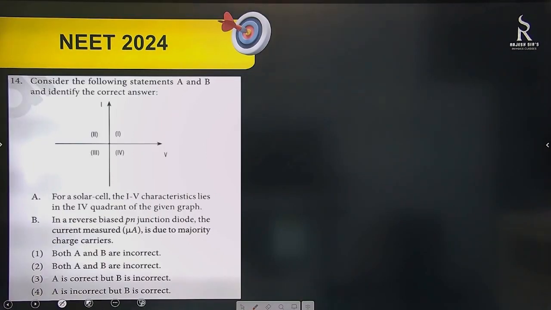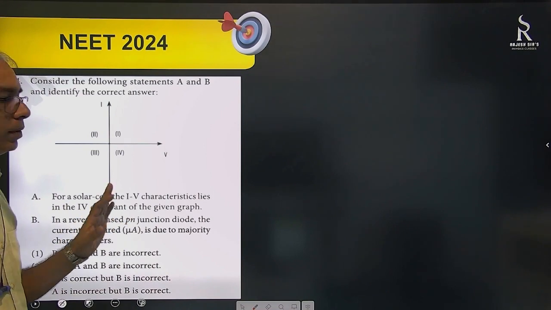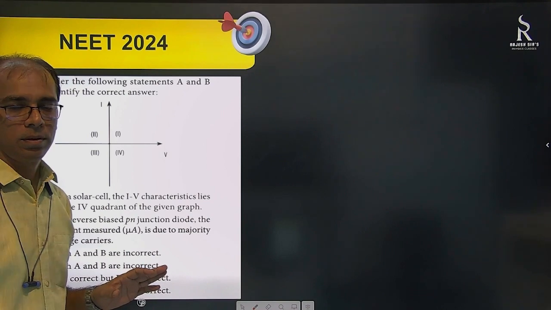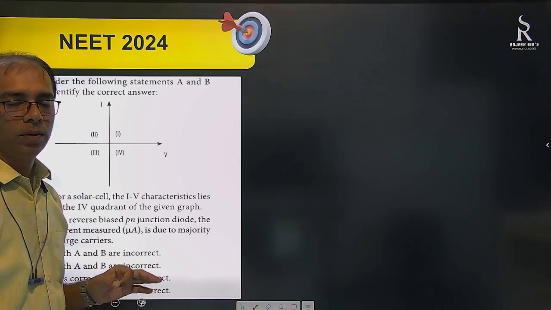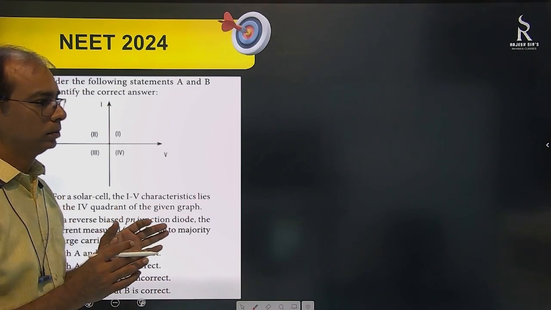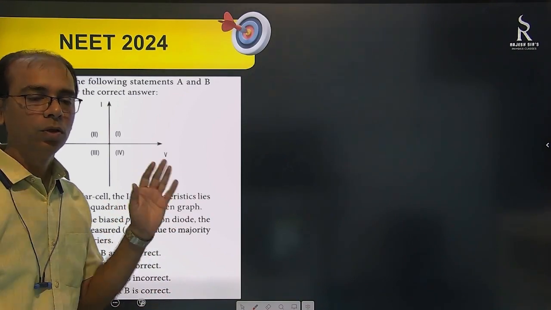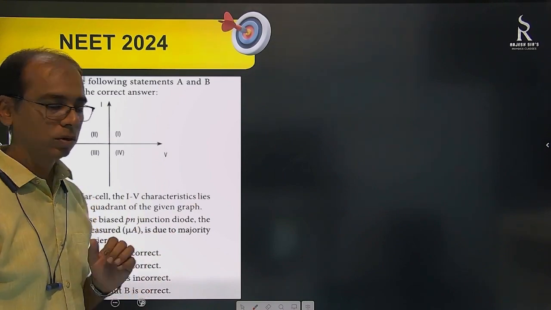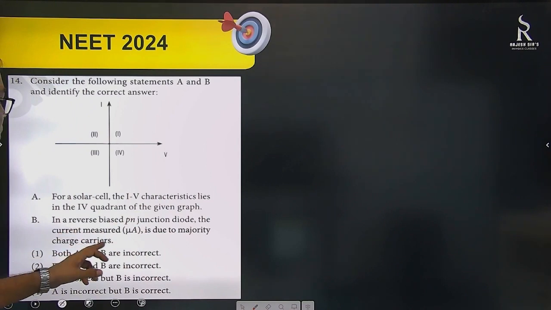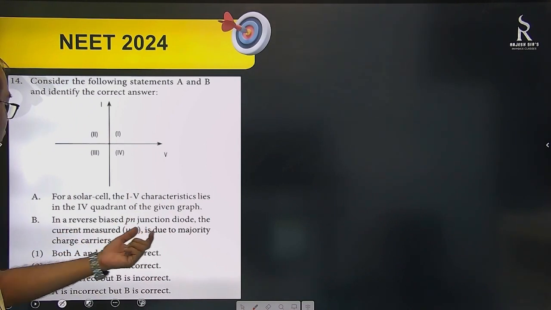Consider the following statements A and B and identify the correct answer. For a solar cell, the IV characteristic lies in the fourth quadrant of the given graph. Yes, you should remember that. Next, in a reverse bias PN junction diode, the current measured in microamperes is due to majority charge carriers.